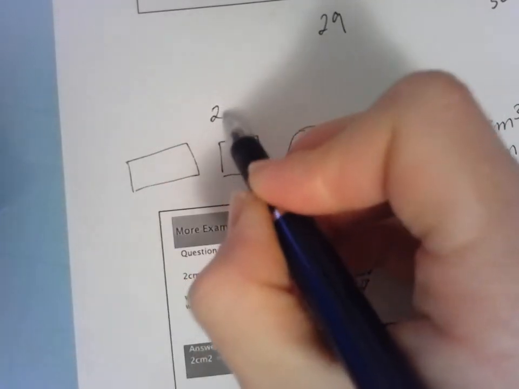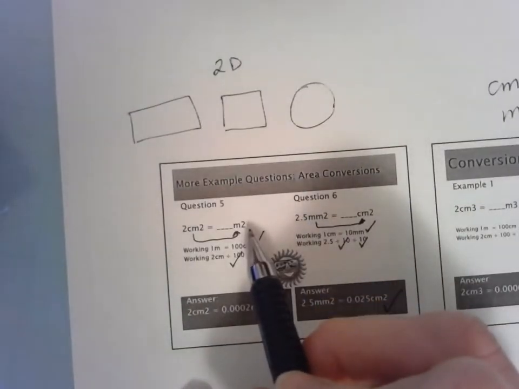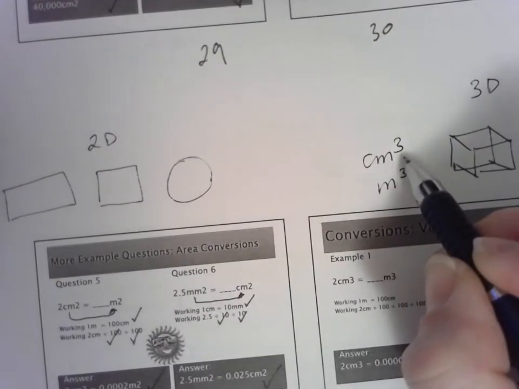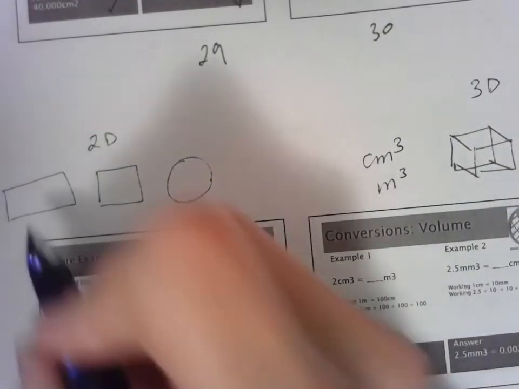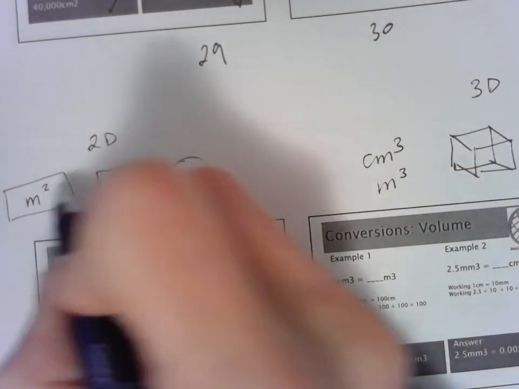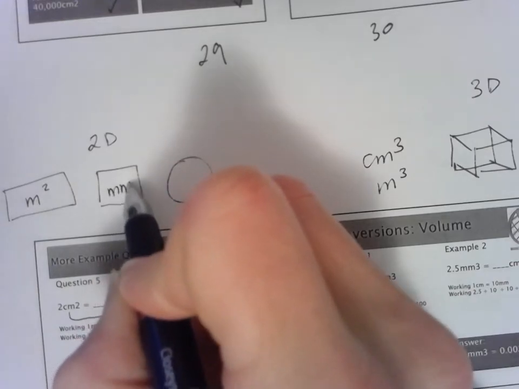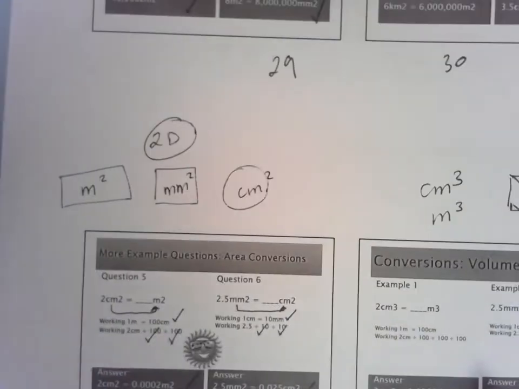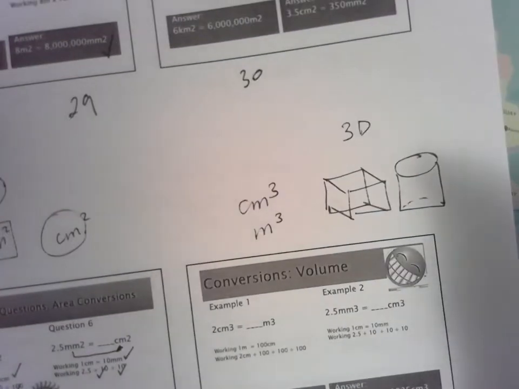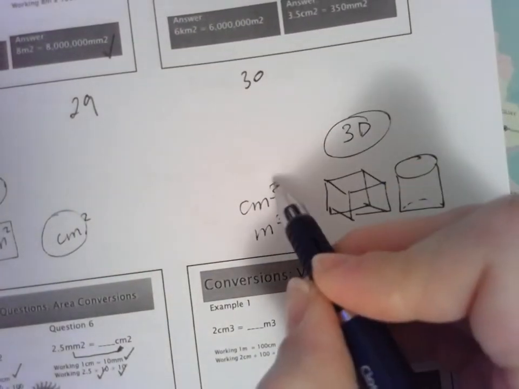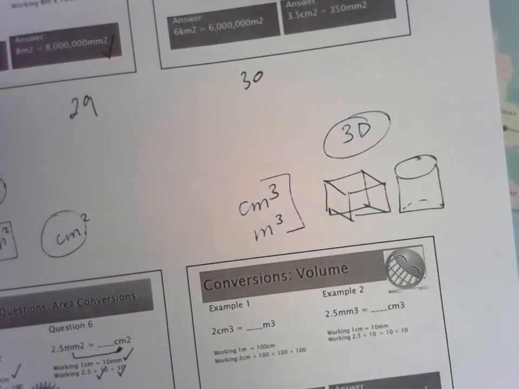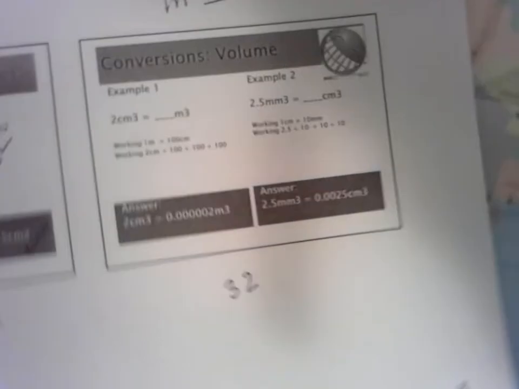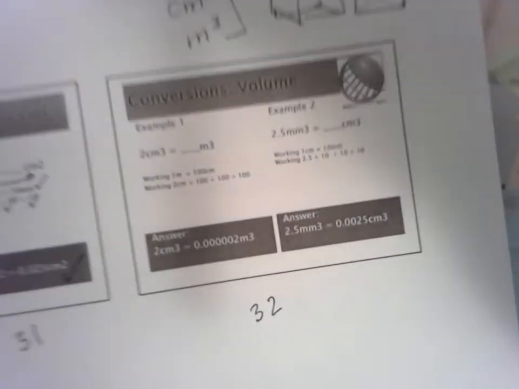So these are your 2D shapes where it's squared. These are your 3D shapes where the measurements are cubed. This might be meters squared, millimeters squared, centimeters squared. They're your 2D flat plane shapes, and your 3D shapes have your cubic measurements because they're 3-dimensional. The process is exactly the same, except you have to do the magic thing 3 times, not twice.